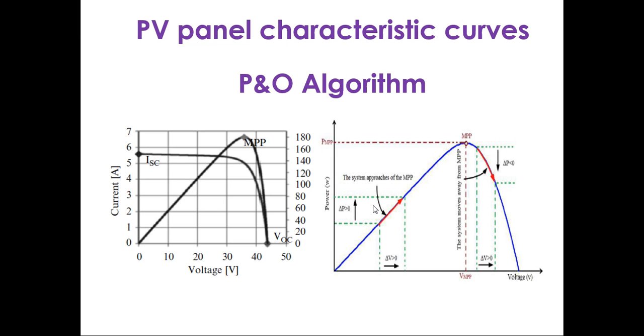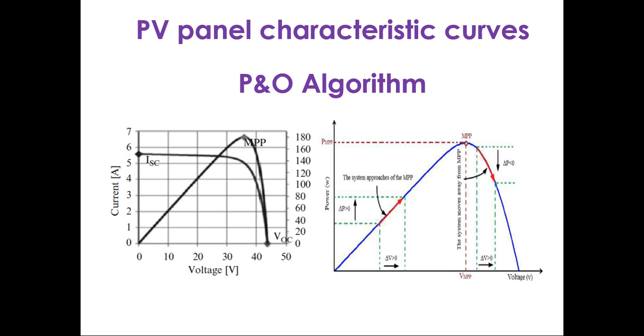So your characteristic equation will be the reference voltage equals the kth sample you have selected, plus or minus C. That is the perturbation size we are going to introduce.